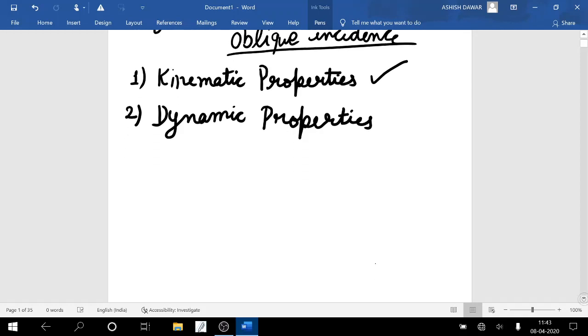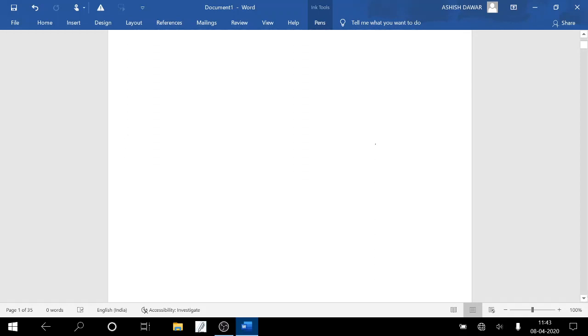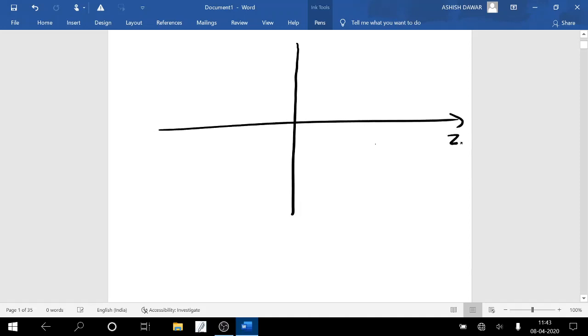So here the incident ray strikes the interface at an angle. We have the incident ray that makes an angle theta I, and this is the wave vector, with the first medium and the second medium.